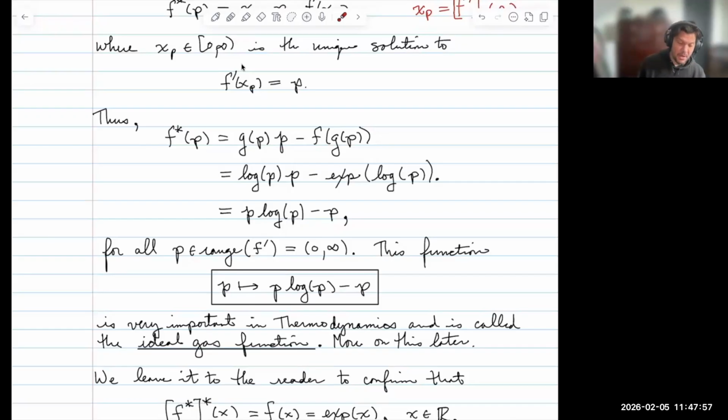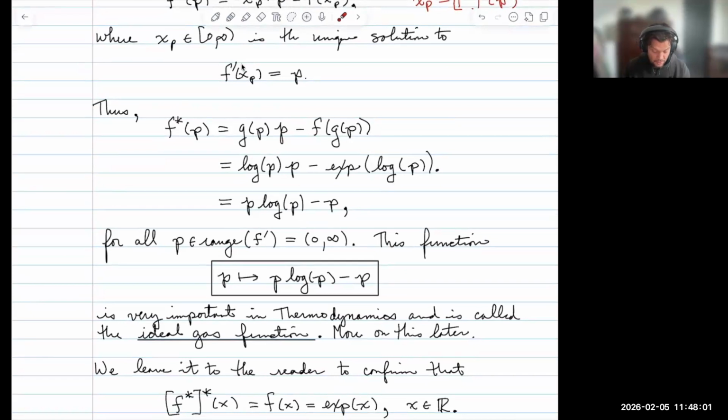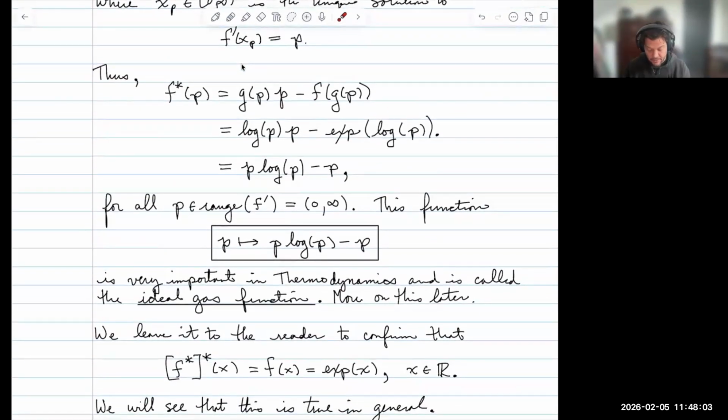Now, this function is going to pop up again and again in our discussions. It has a very important role in thermodynamics, and therefore it's got its own name, as most important things do. It's called the ideal gas function or the ideal gas model.